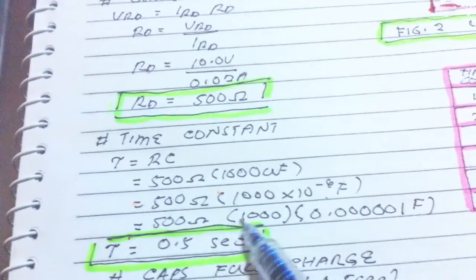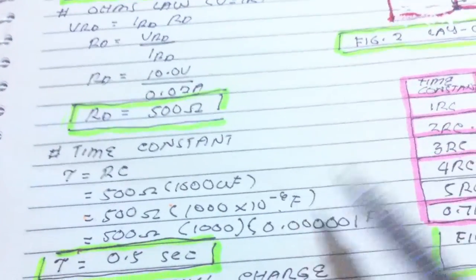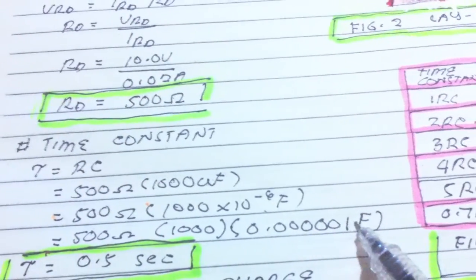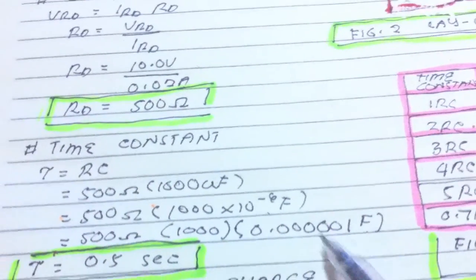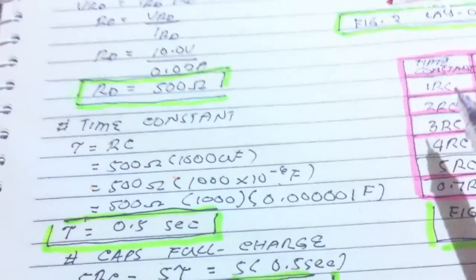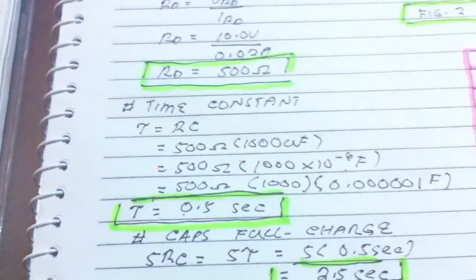And 1000 times 10 to the negative 6 is equal to 0.00001. Just move the decimal point six places, and we have a time constant of 0.5 seconds.